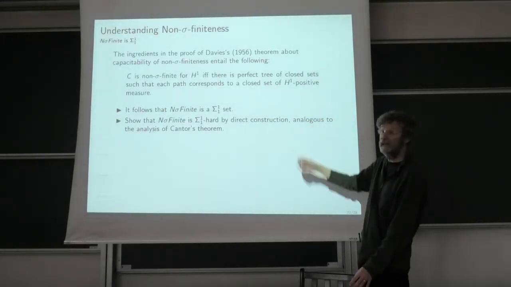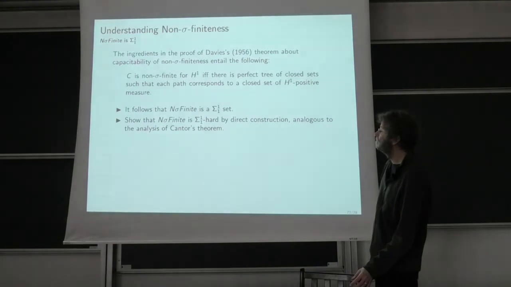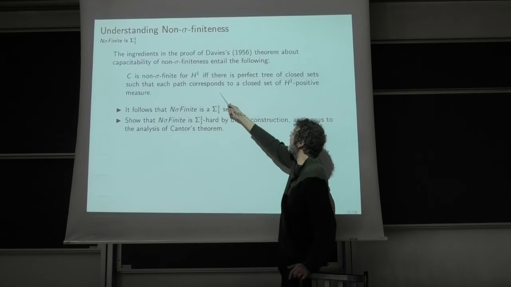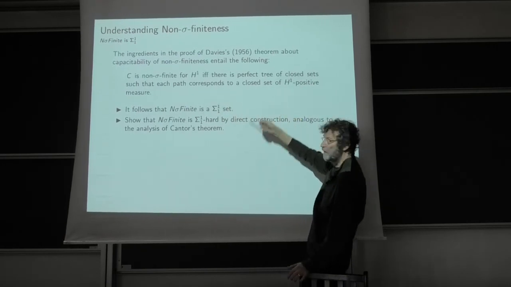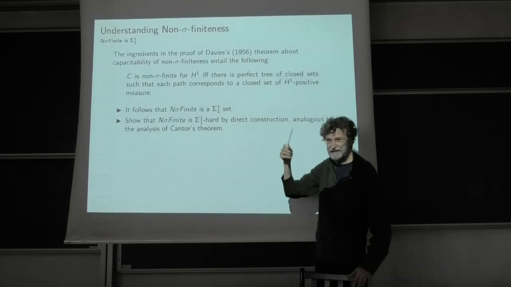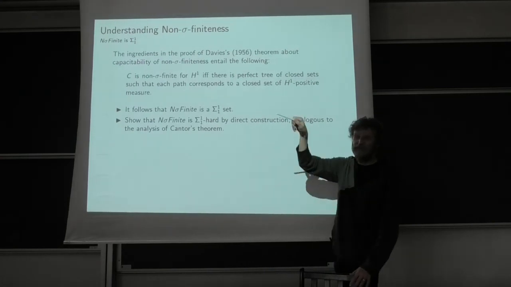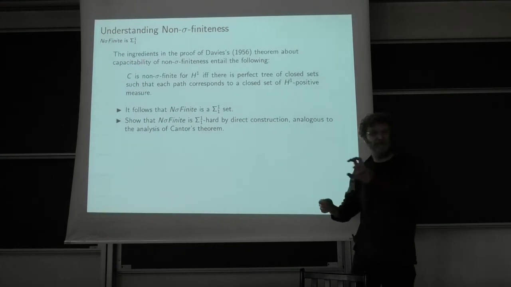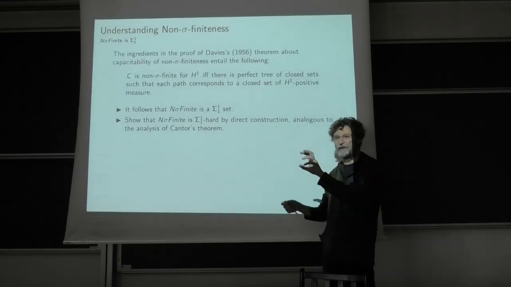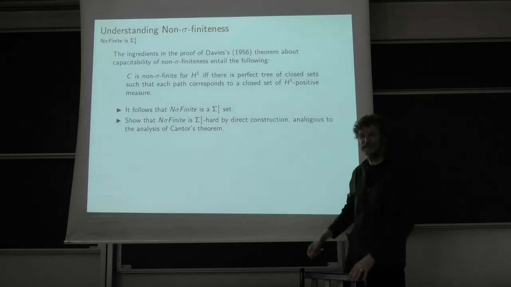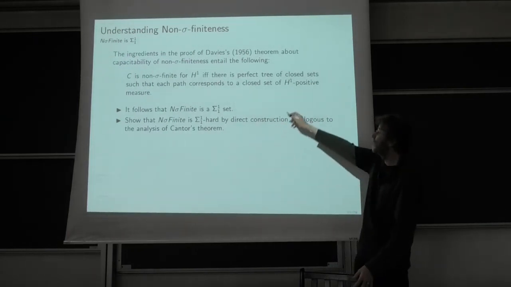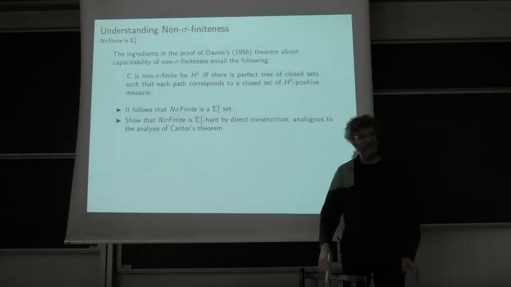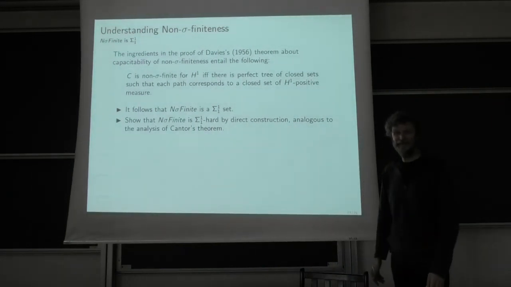The way you maintain that the set obtained along each path has positive measure is something that you do constructively. You do something at each step along the way so you know that the measure is not zero in the end. So you end up with: there exists a tree such that along each path something nice is happening. That's a sigma 1, 1 property.